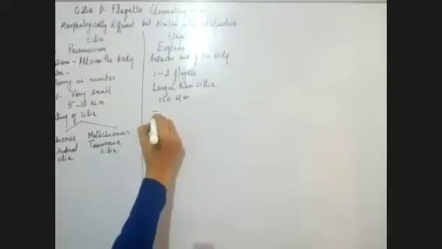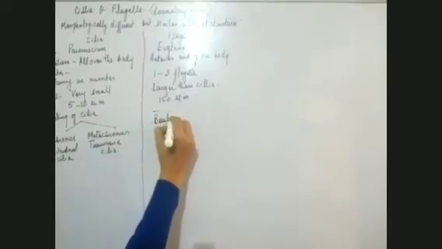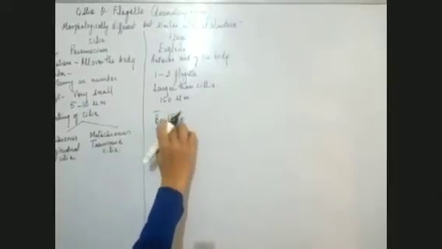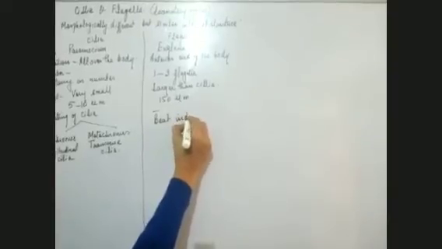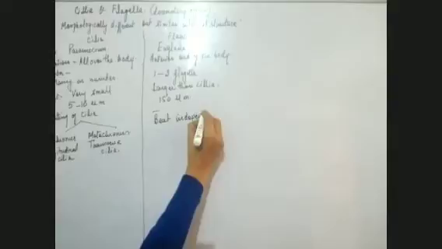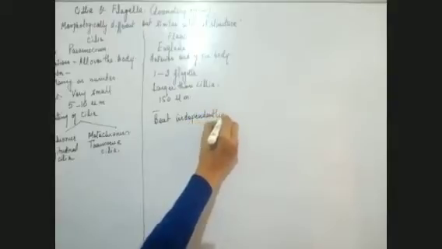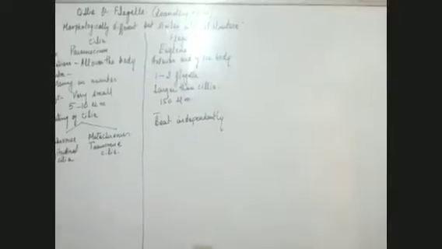Whereas in the flagella, they beat independently. Because they are few in number and located at the anterior end, they beat independently. There is no synchronous or metachronous type of movement seen in flagella.